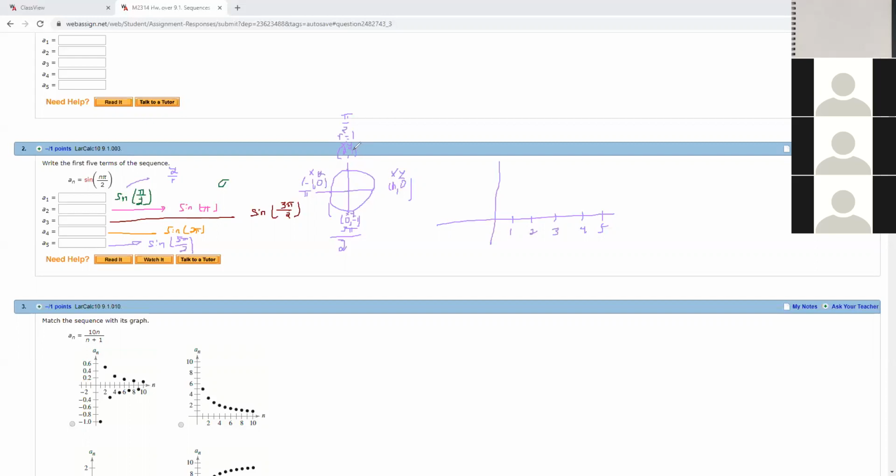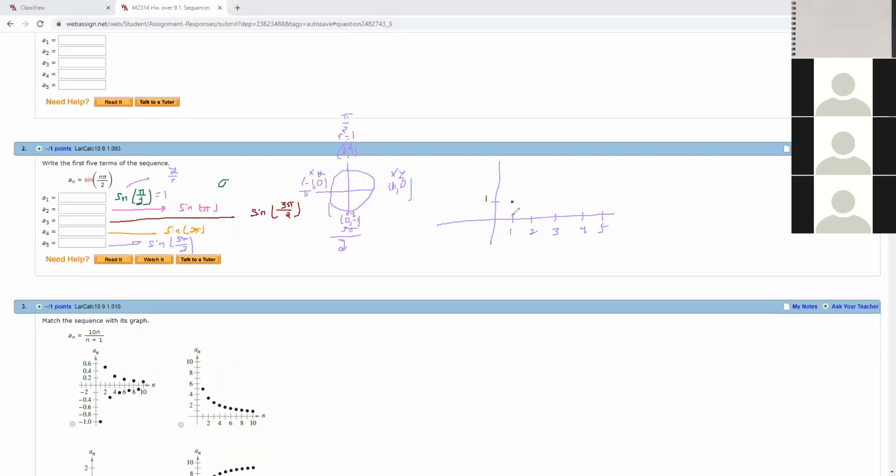So what's going to be the y over r value here? 1. 1 over 1, 1. So we're going to put here 1. And that means up here we have a 1. So there's the first term of the sequence, or the first range value of the sequence.